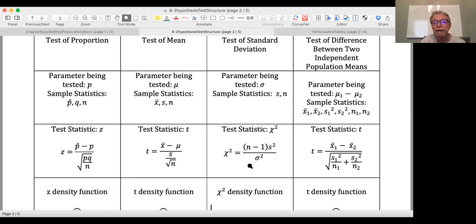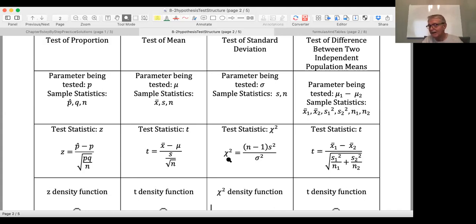And when we are testing the standard deviation, the random variable for the test statistic is chi squared. It's a new Greek letter, chi. It sounds like a K-I, but you need to make sure it has a square on it. It's chi squared, okay? It's kind of like a swishy X. Okay, so those are the formulas for the test statistics.